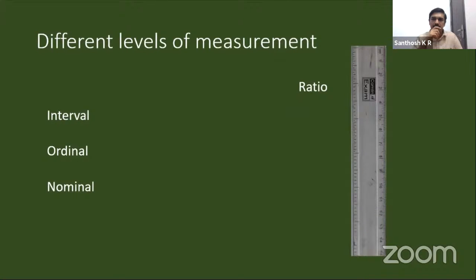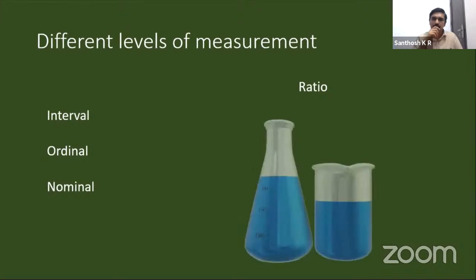Now there is nothing to measure. There is 0 centimeter to measure. Likewise, we can say there is more than 200 milliliter of blue liquid in the beaker here. If there is no liquid, we can say 0 milliliter of anything is there in the beaker.